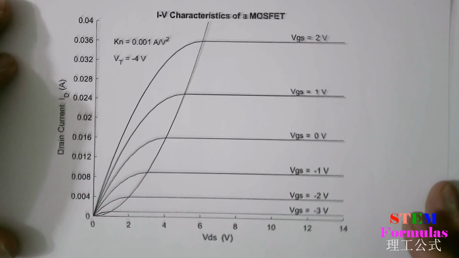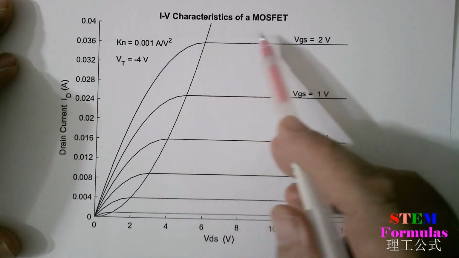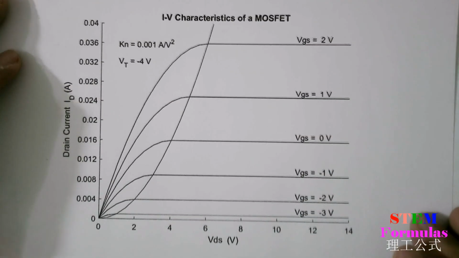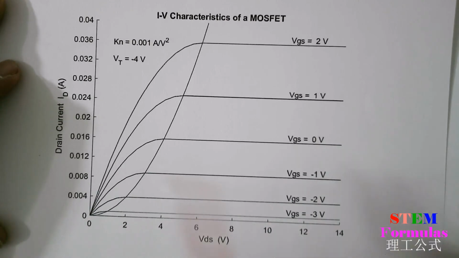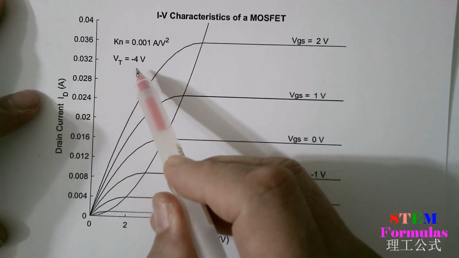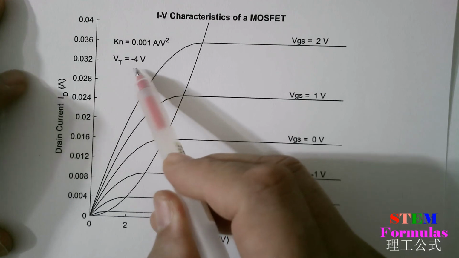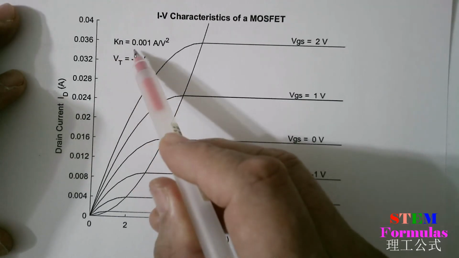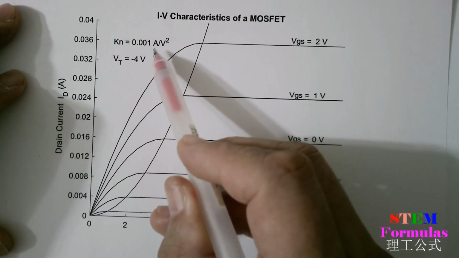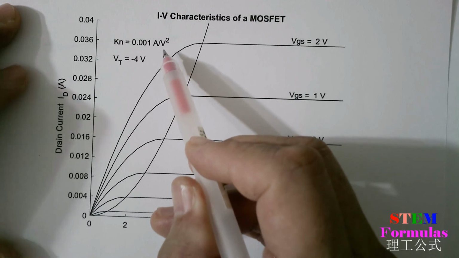So this is the I-V characteristic of the MOSFET. In this case, I plot Vt equals minus 4, the threshold voltage is minus 4, and Kn equals 0.001 amp per volt square.